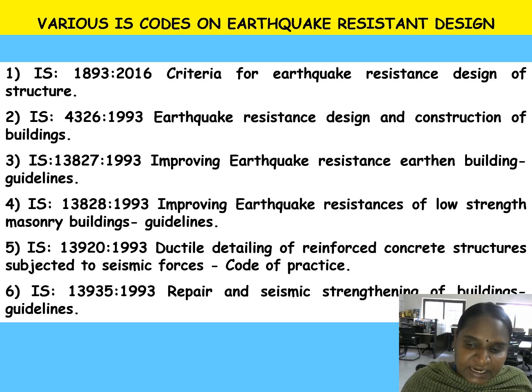The detailing code will be SP 34, that is for normal detailing. When you are going for seismic design, your earthquake resistant design code is IS 1893 and the detailing code is IS 13920:1993. And for repair and seismic strengthening, we have to follow the code IS 13935:1993.